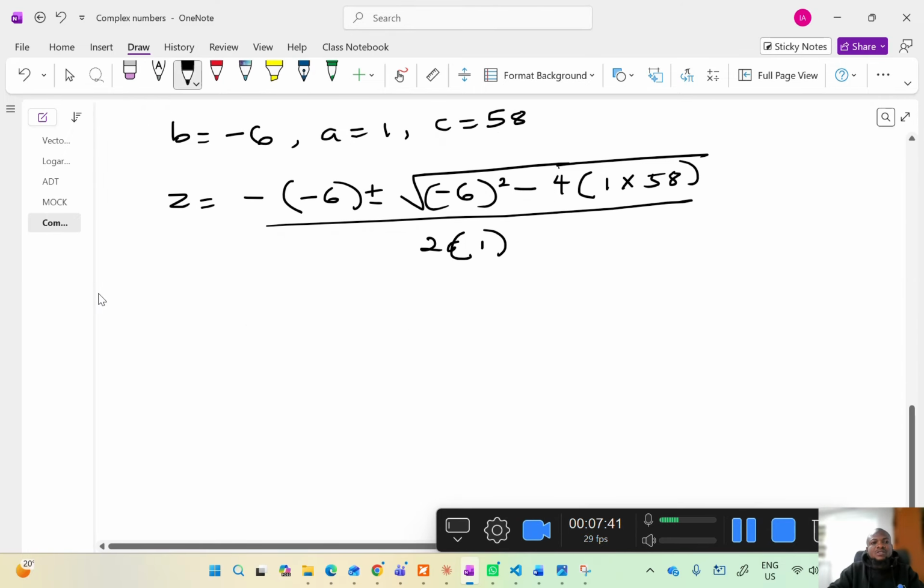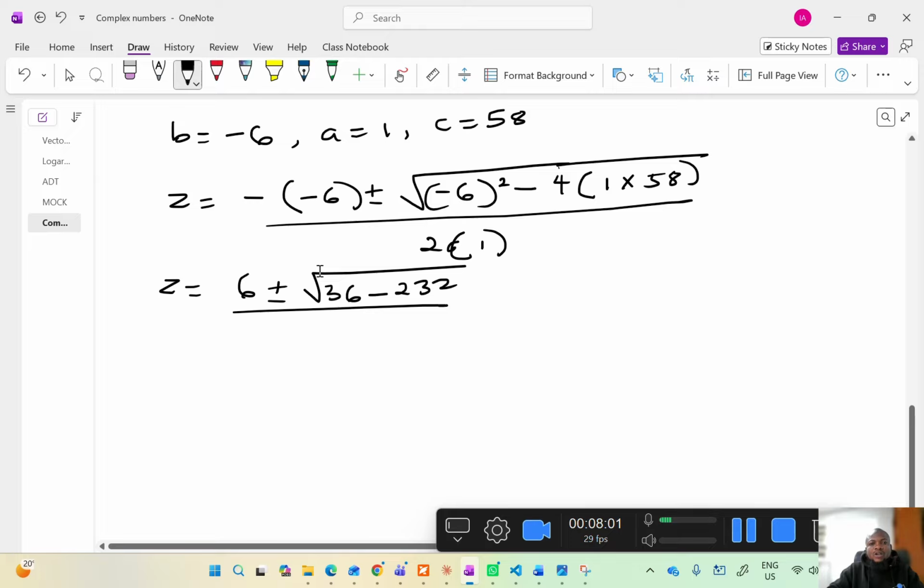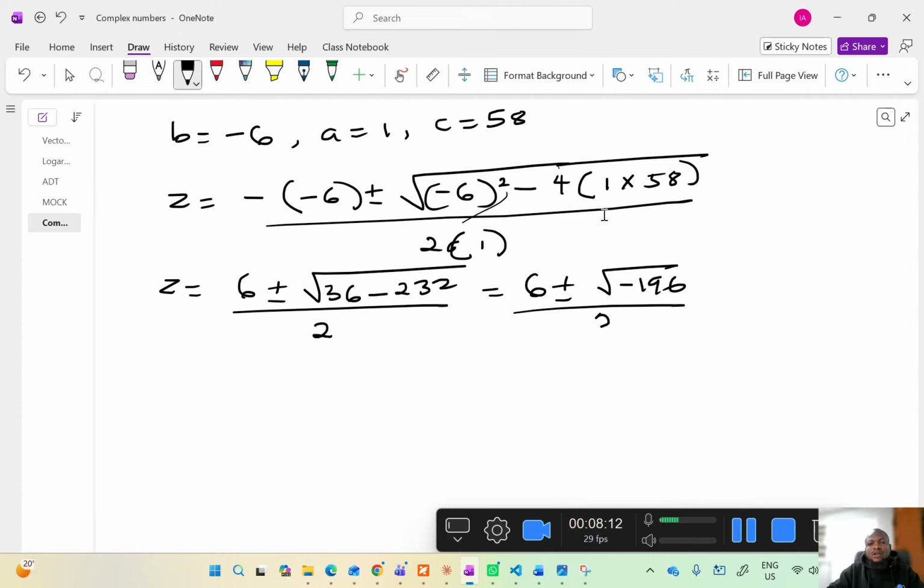So z is equal to 6 plus or minus the square root of 6 squared, which is 36, minus 4 multiplied by 58, let me do that on my calculator. So 232 over 2 times 1, which is 2. So this amounts to 6 plus or minus the square root of minus 196, over 2.